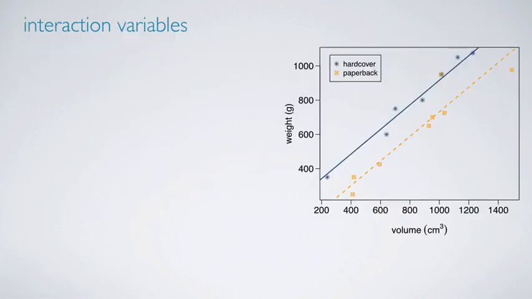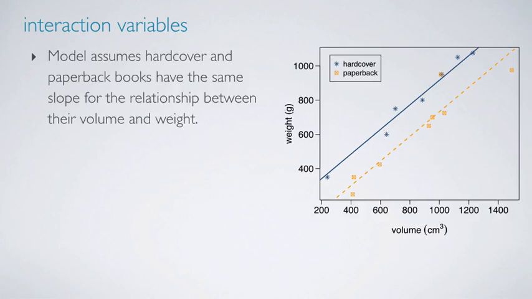Before we wrap up this video, I'd like to make a point about interaction variables. Note that this model assumes that hardcover and paperback books have the same slope for the relationship between their volume and weight. This is probably not an unreasonable assumption for books. However, we can think of examples where this may not be the case.